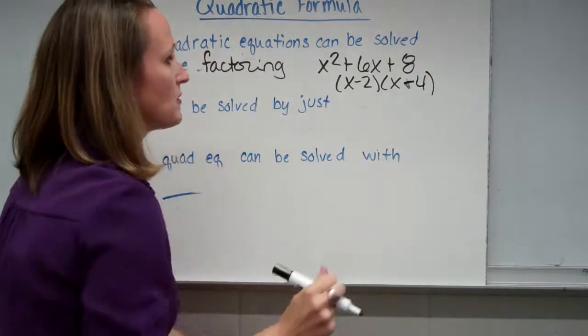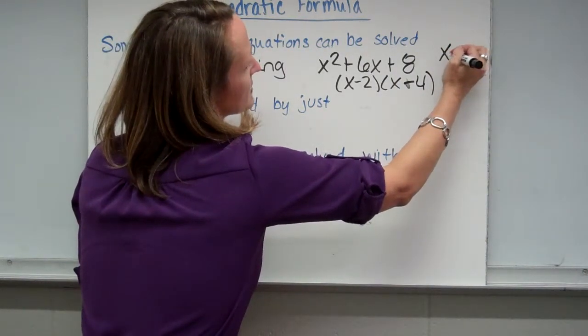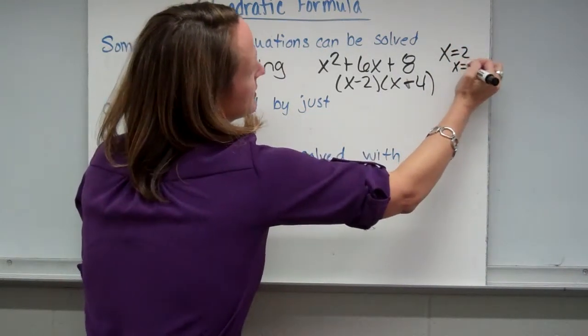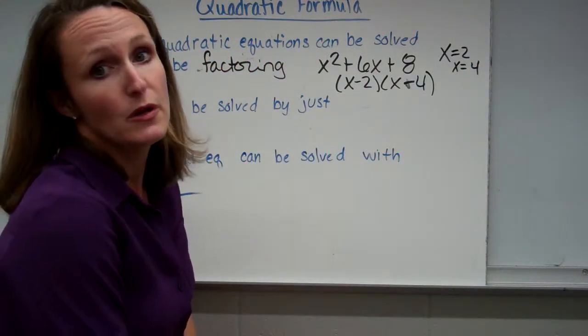And when you set both of those equal to 0, you would end up learning that your two x values are x equals 2 and x equals 4. Those would be what you could plug back in here to solve it.